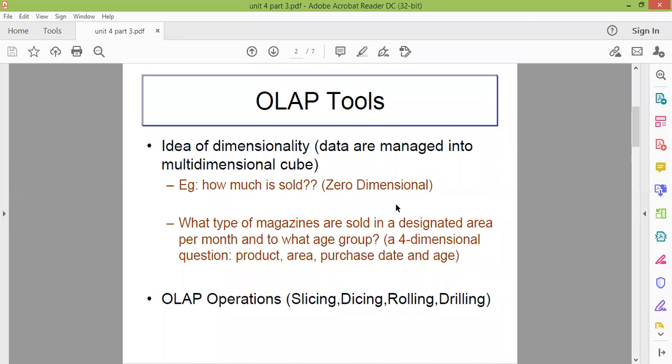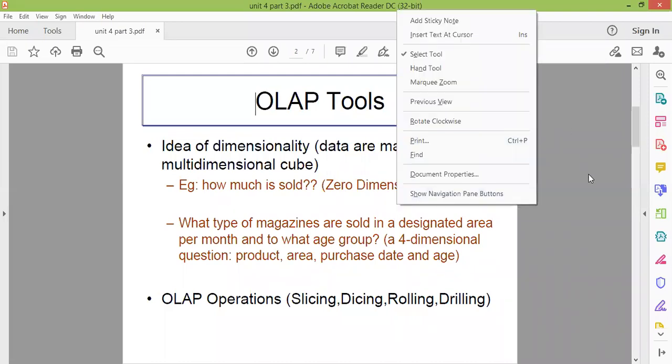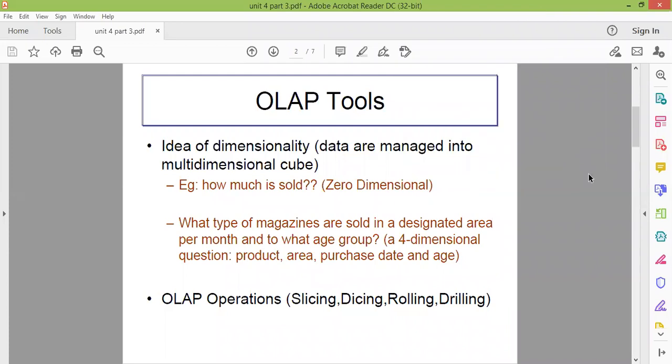But if the same question depends upon multiple attributes, then we say it's a dimensional question. Like, what type of magazine is sold in a designated area per month to what age group? There are 4 different dimensions: the first is product, the second is area, the third is purchase date, and the fourth is age.